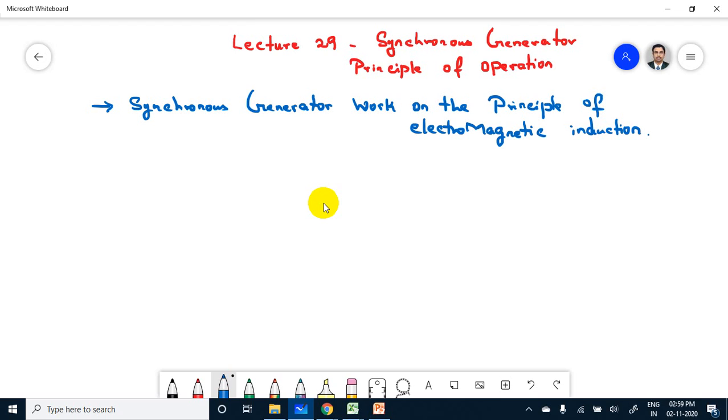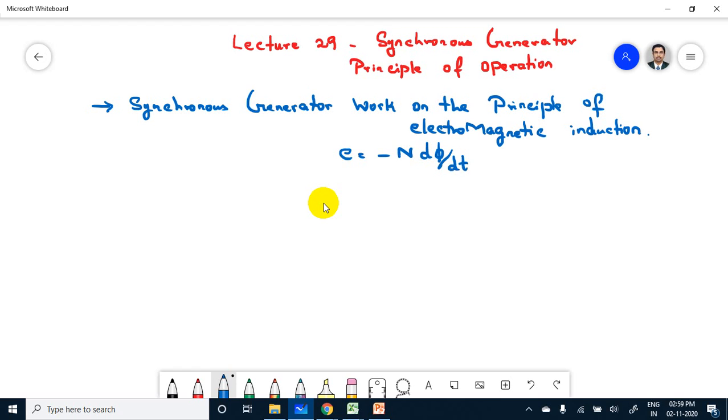So what is meant by electromagnetic induction? Electromagnetic induction means whenever a conductor cuts the magnetic flux, an EMF is induced. The induced EMF is equal to the rate of change of flux linkage, that is E equal to minus N into d phi by dt.